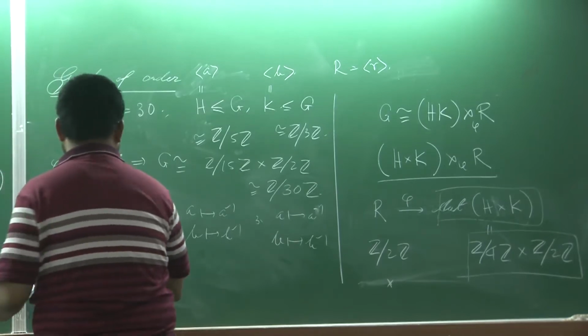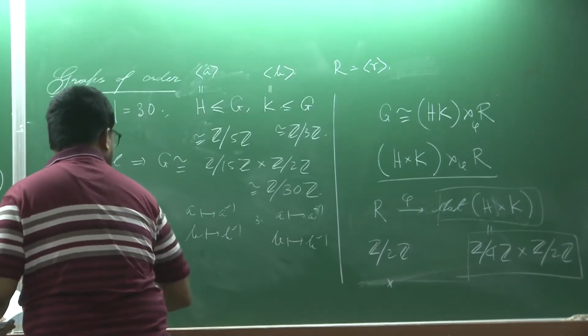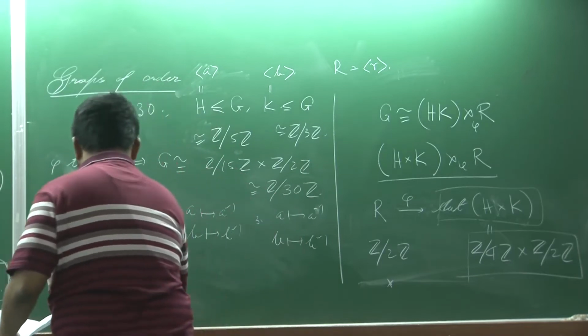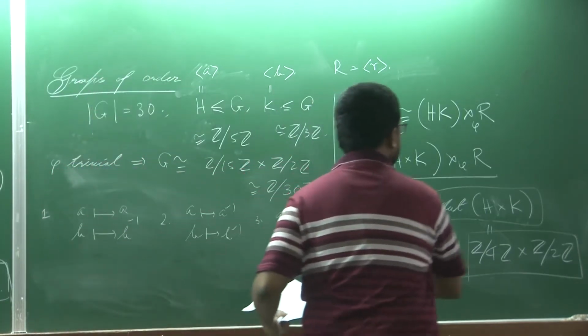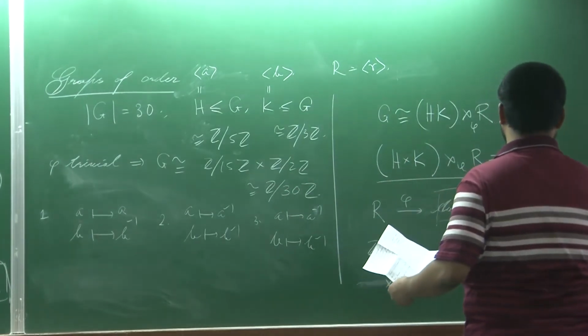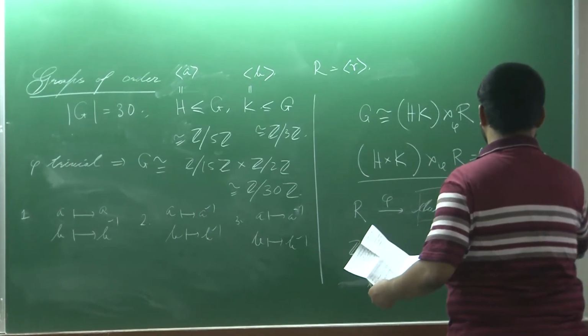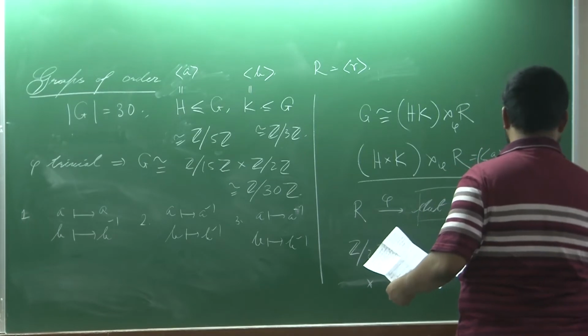So in this case the group structure that we obtain is A, B, semi-direct product R, right?